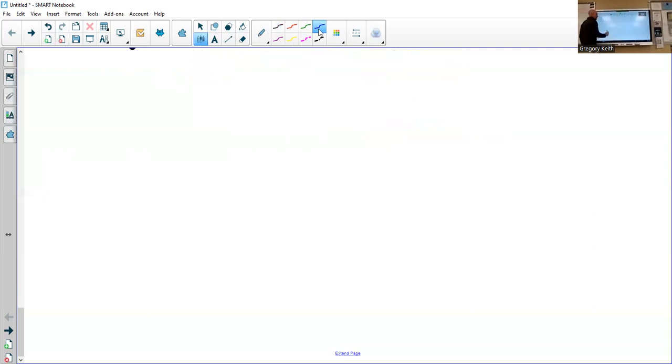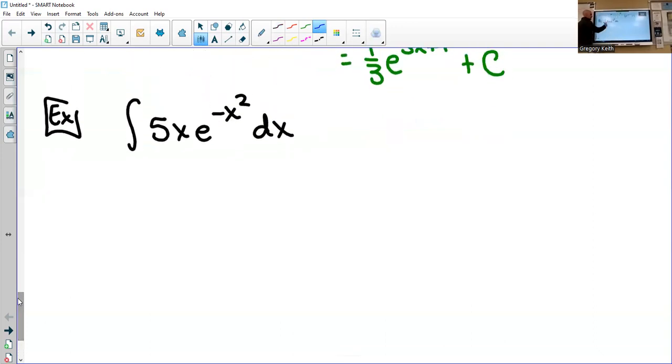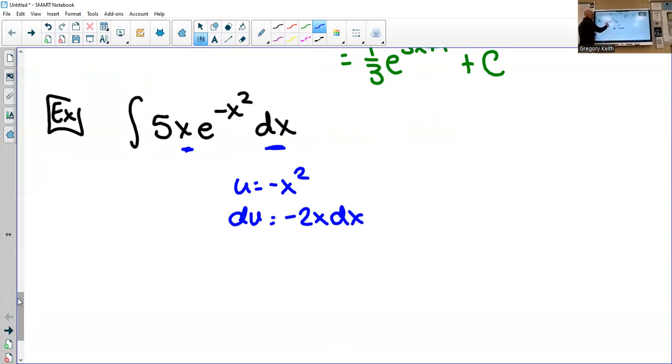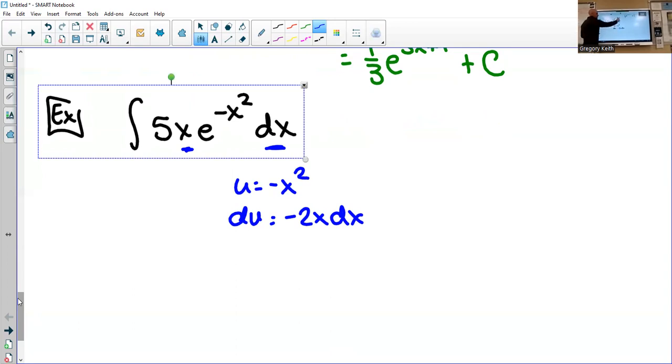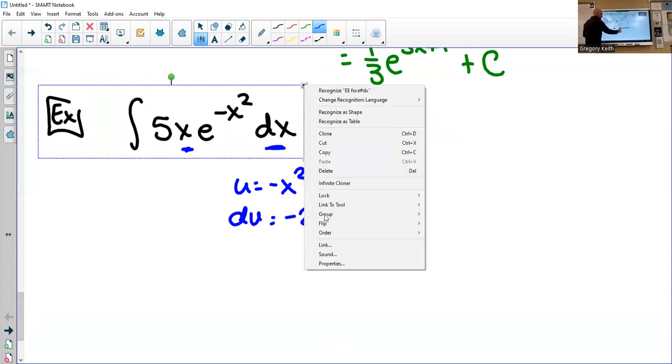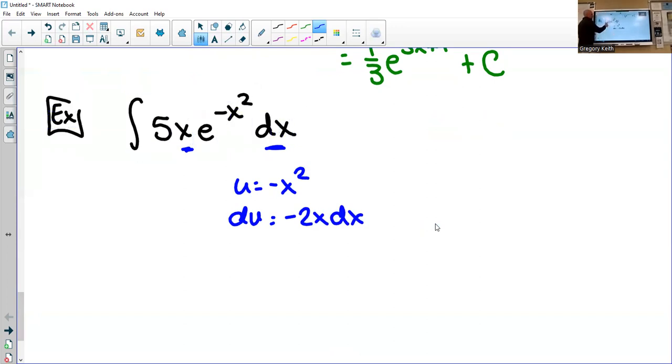All right. But what I'm going to start off with in this problem, this 5 is kind of in the way. So du is going to be negative 2x dx. So I have the x and I have the dx, but I need a -2. Since that 5's in the way, I'm going to take that 5 out, break that out to the outside.